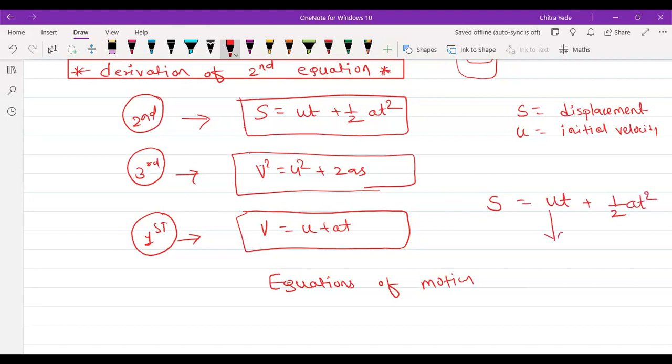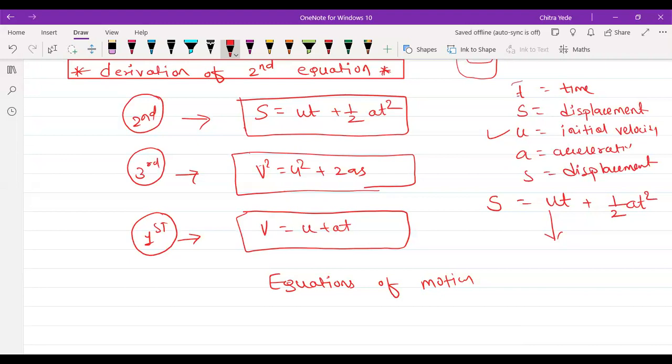Here u is the initial velocity, t is the time taken, maybe the initial velocity is 0 sometimes, a is the acceleration, and s is the displacement.